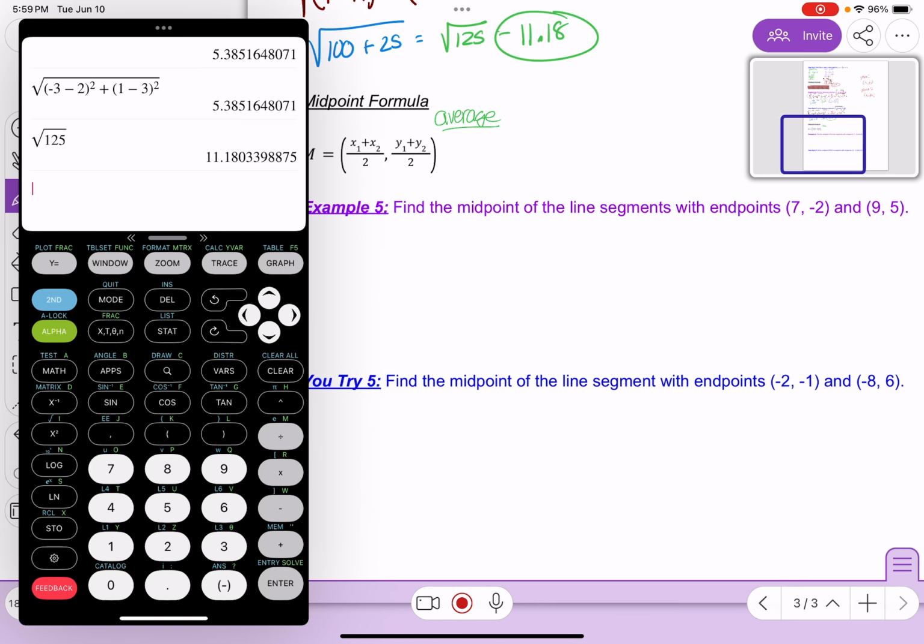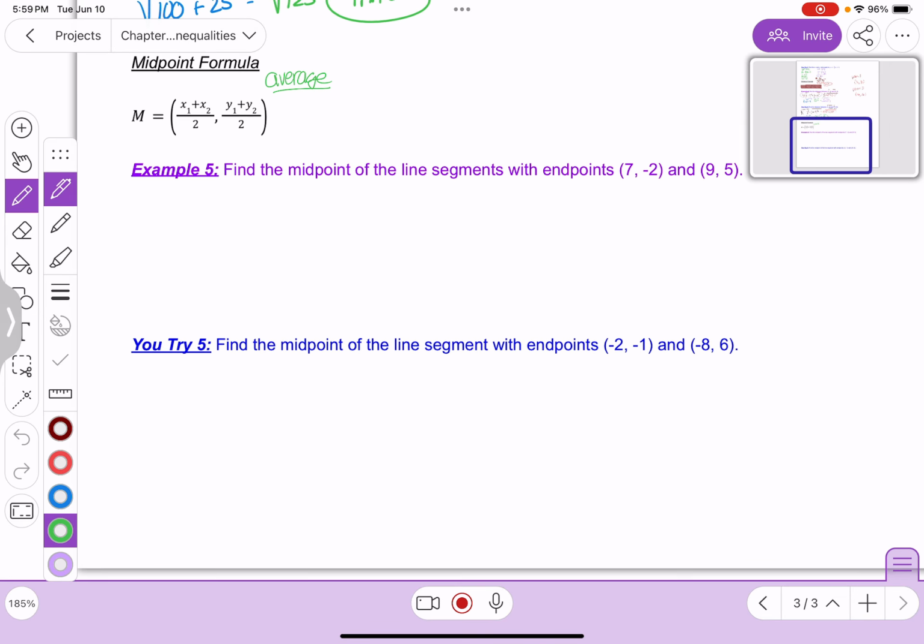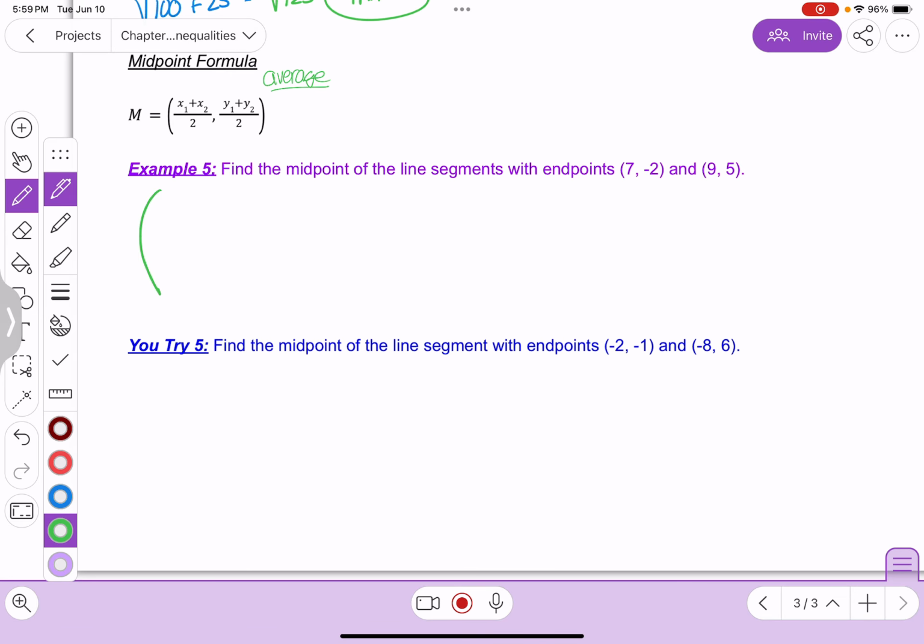So if we have our points here, okay. For the x's, we're going to do 7 plus 9 divided by 2. So 7 plus 9 is 16. And 16 divided by 2 is 8.